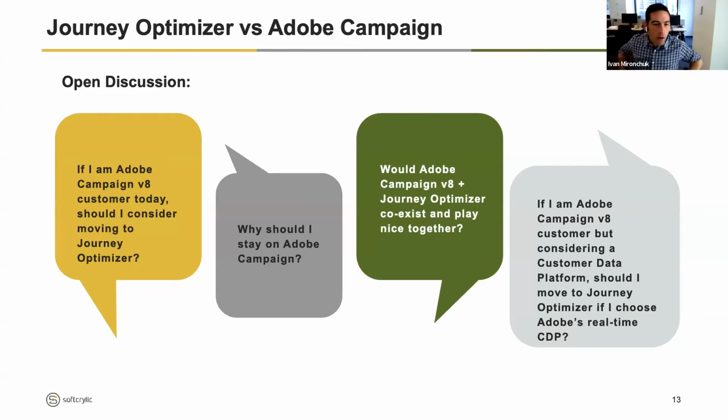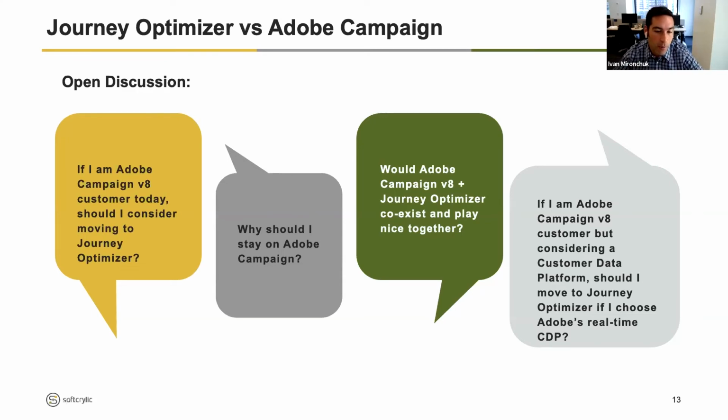Yeah, I think it all depends, right? If you think about Campaign Classic or Campaign V8, that is a product that has a long history with a lot of features built up over its lifespan, and it's something we continue to invest in and develop upon.